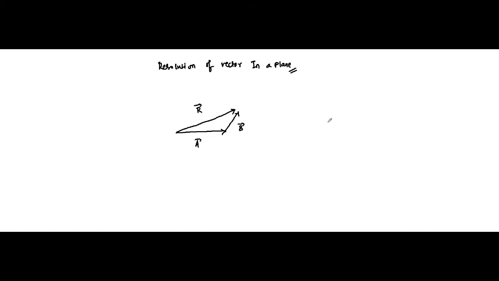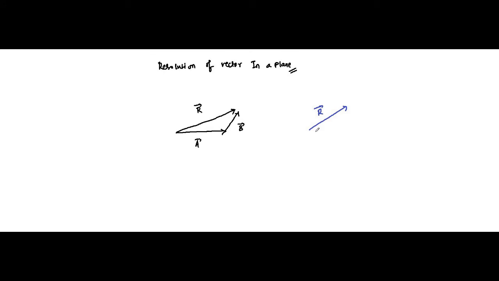The resolution of a vector in a plane, what it says is that if we do this thing in reverse, let's say we have this vector, R vector.